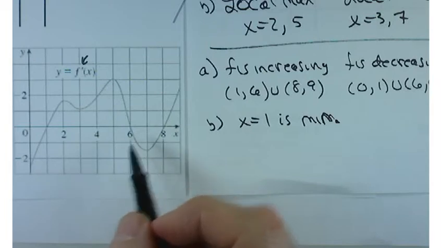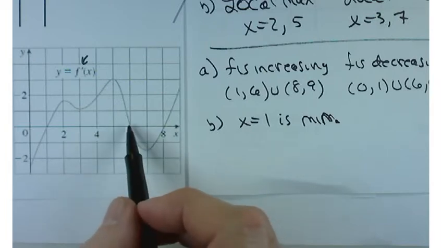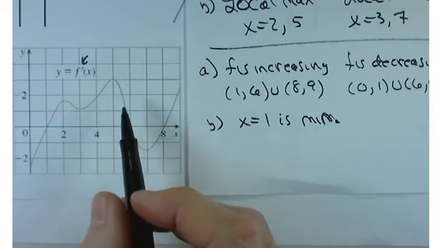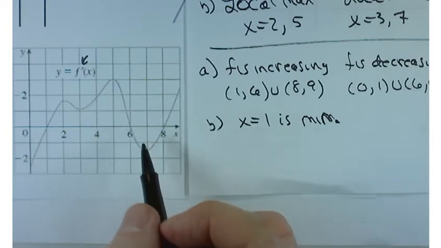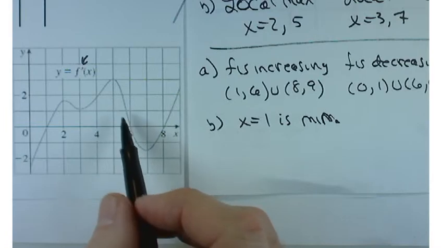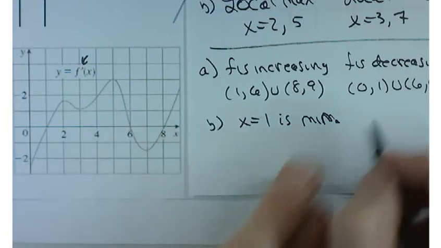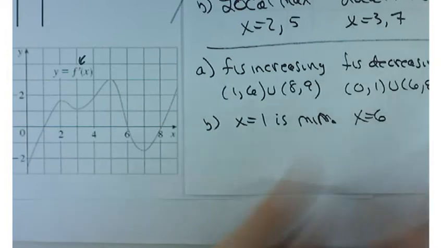Now the next place that we have a transition is over here at 6. The function has a positive derivative and then a negative derivative. So, Keith, what would it say here if we have a positive derivative and then a negative derivative? X equals 6. What kind of a point is here?